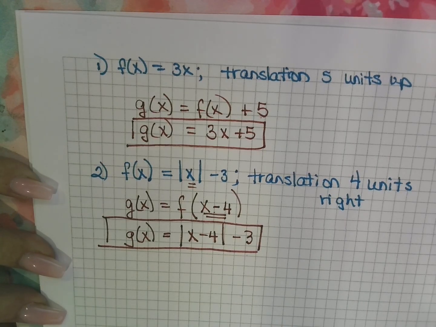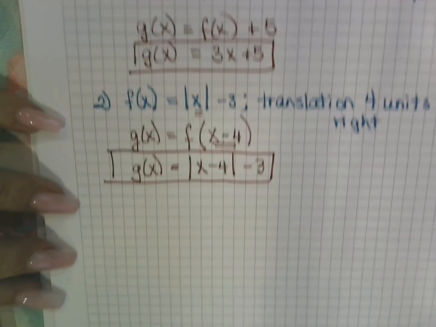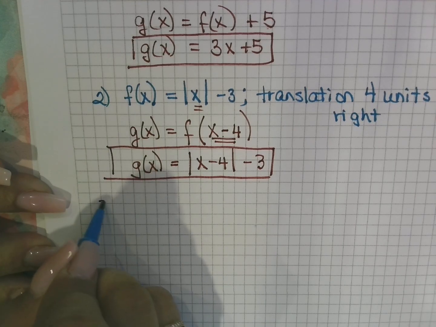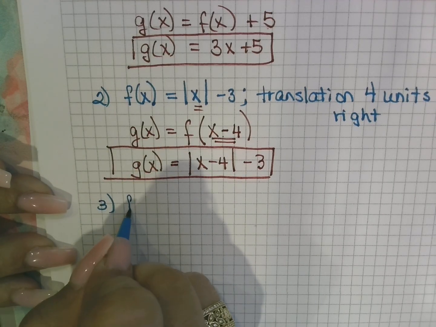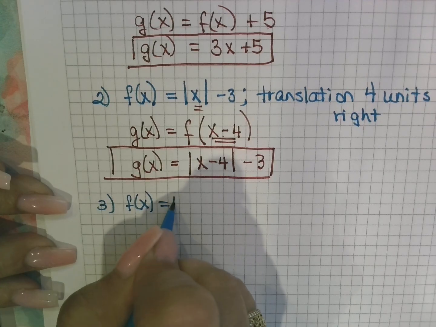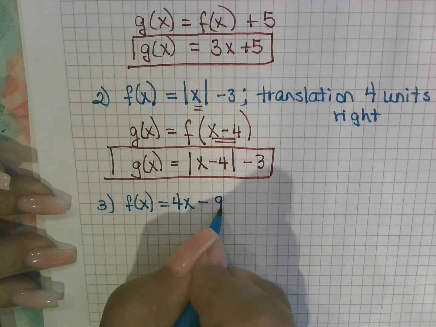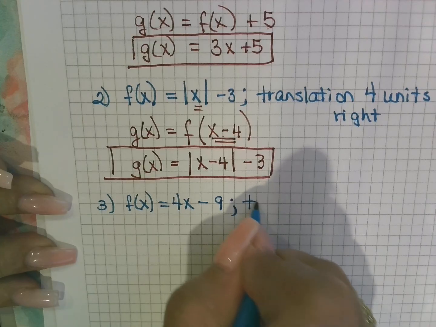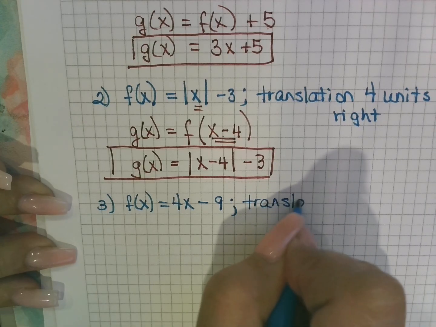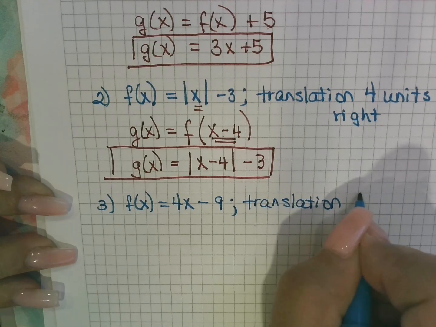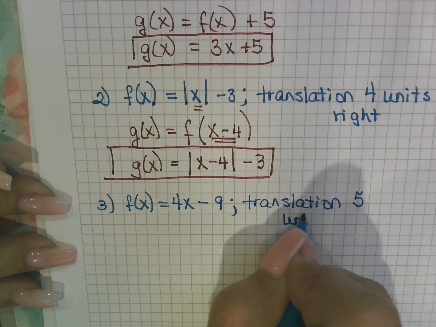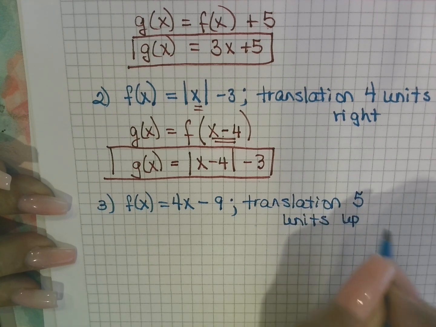All right, moving on. Let's take a look at number 3. F of x equals 4x minus 9, and I want a translation 5 units up.